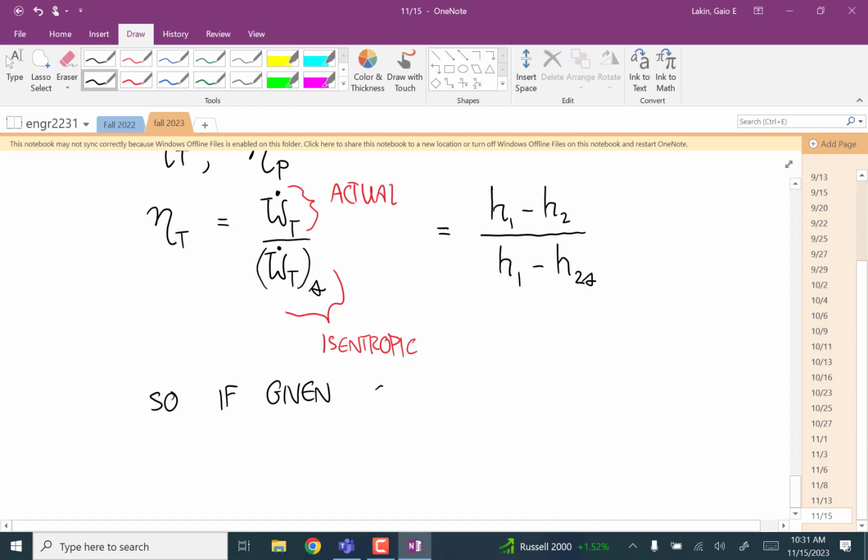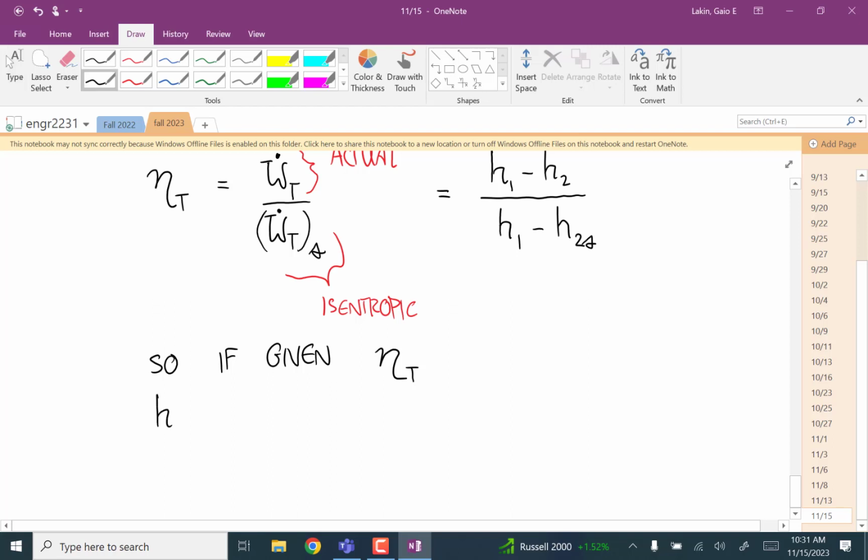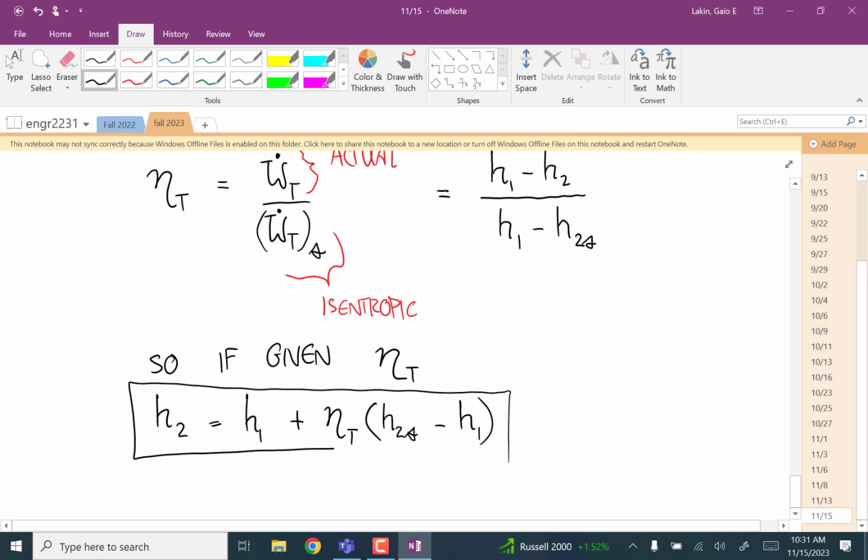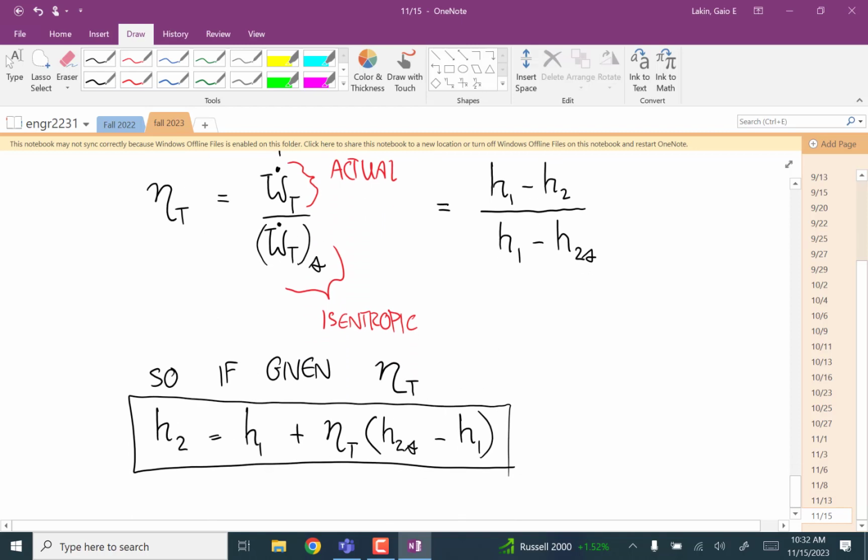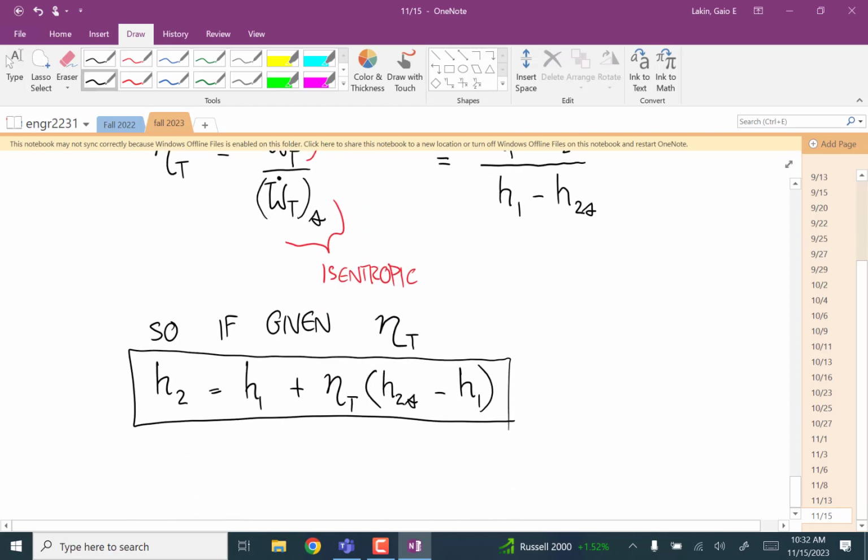So if you're given the isentropic efficiency for the turbine, then H2 is going to be H1 plus, all I'm doing is rearranging this definition, the isentropic efficiency times the quantity H2 for the ideal case that we already know how to calculate minus H1. Okay, so this is for the turbine.